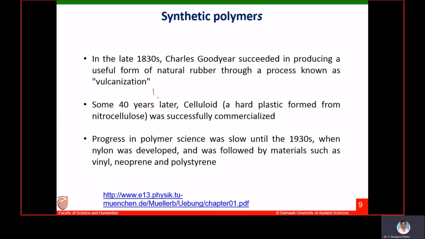The next progression was after the 1930s. Once nylon came into the picture, a lot of polymers started being recognized in industry.